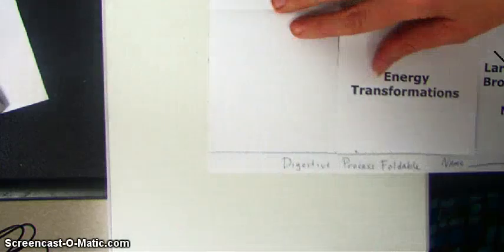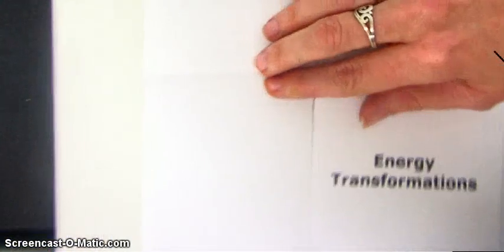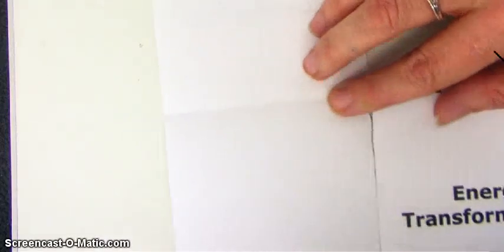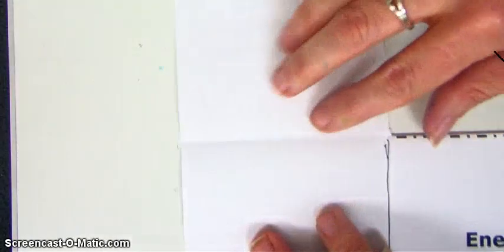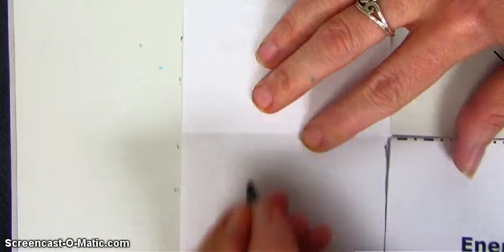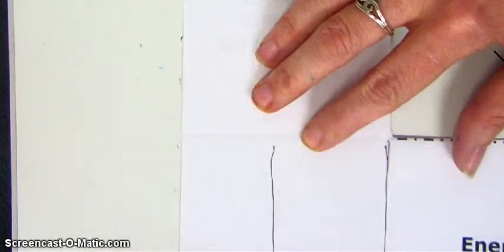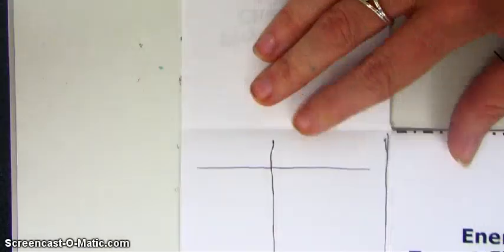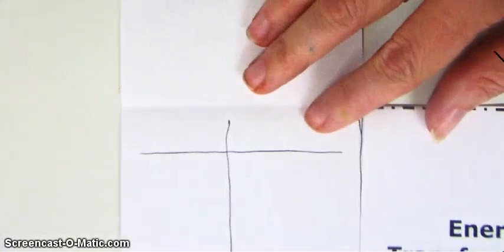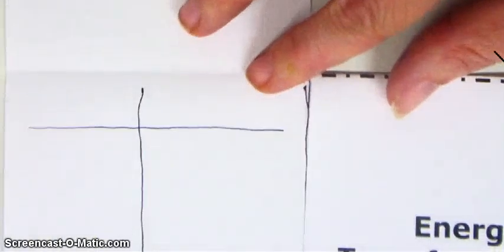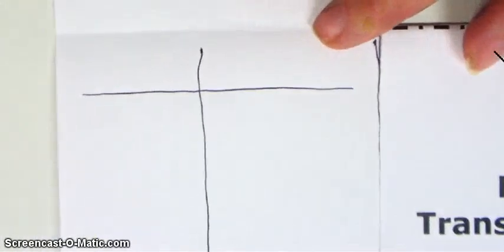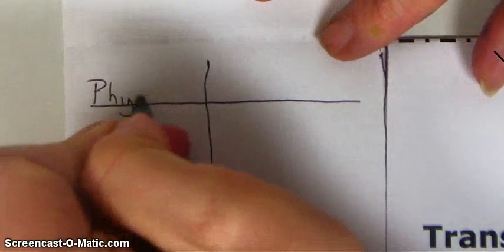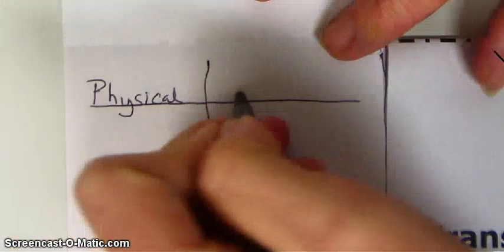I'm going to zoom in so that you can see what I'm writing. I'm going to make a T-chart that shows physical and chemical changes. Let's write the word physical and chemical.